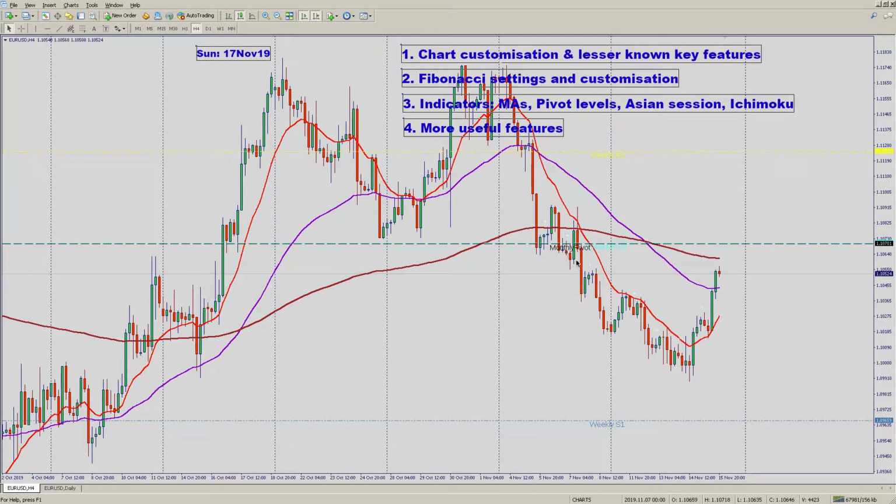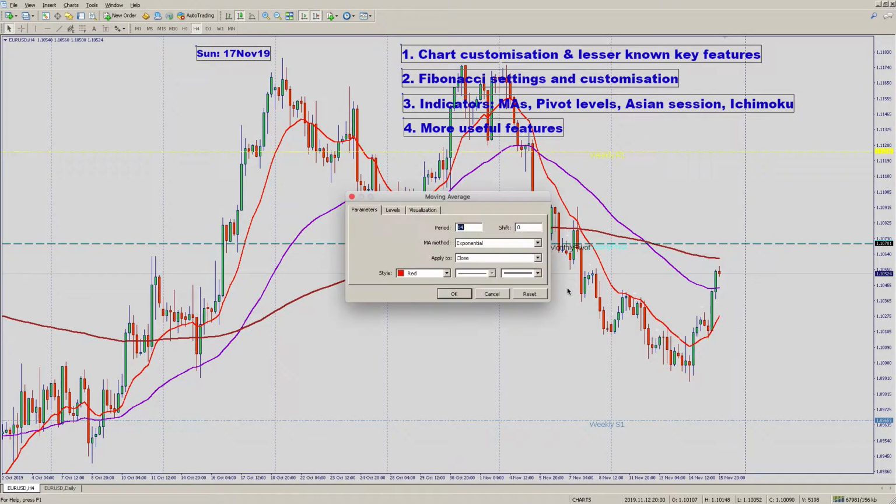So if you want to use the same kind of feature or visualization on the price chart, if you have a 1 hour 55, you can change this shorter moving average on the 4 hour to either 13 or 14.